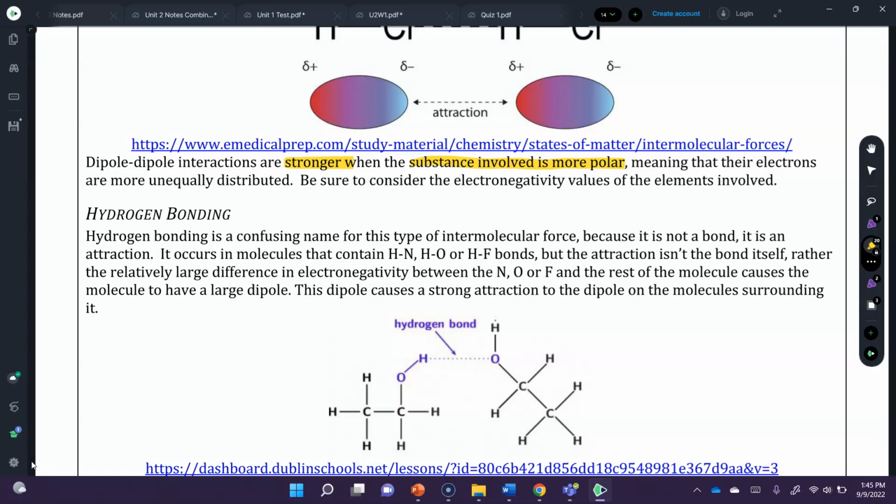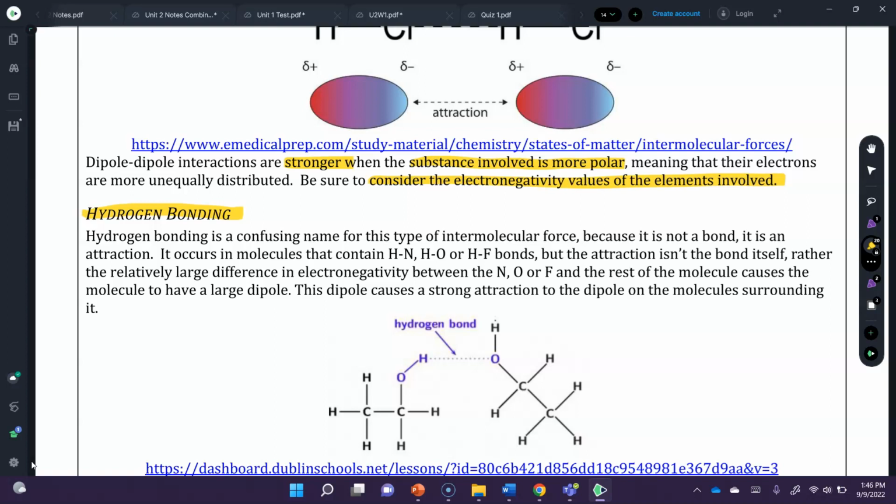Dipole-dipole interactions are stronger when the substance involved is more polar, meaning that their electrons are more unequally distributed. Be sure to consider the electronegativity values of the elements involved. If the dipole in the molecule is super strong, we end up with hydrogen bonding, and this is very specific. Hydrogen bonding is a confusing name for this type of intermolecular force because it is not a bond. It is an attraction, just misnamed, but we're sticking with it.